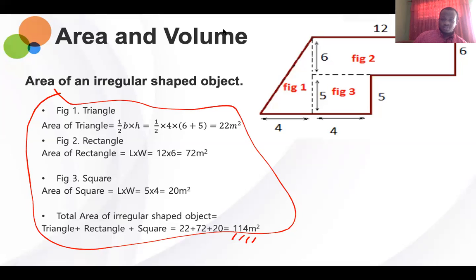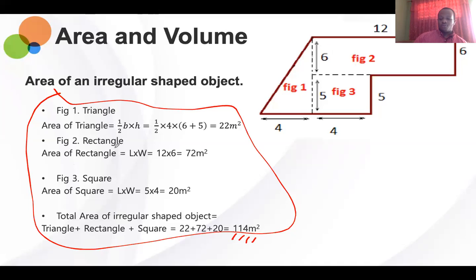For figure 1, we broke that down into a triangle. Figure 2, we broke that down into a rectangle. And for figure 3, we broke that down into a square.